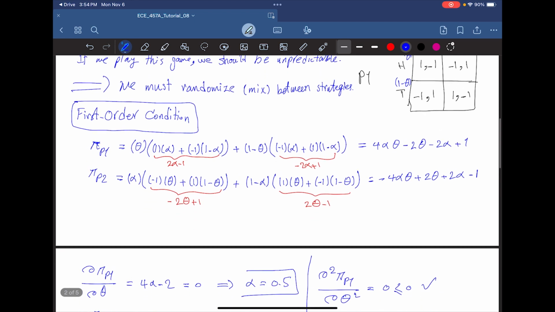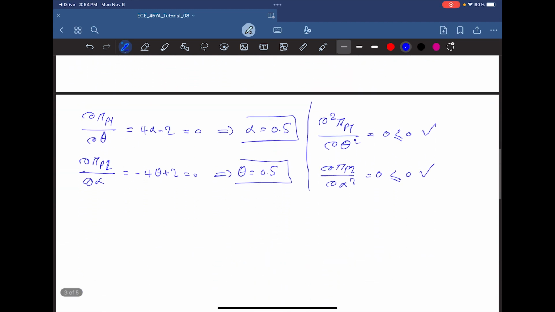Let's move on to the second approach, payoff equating method. Now let's solve this one with the payoff equating method.